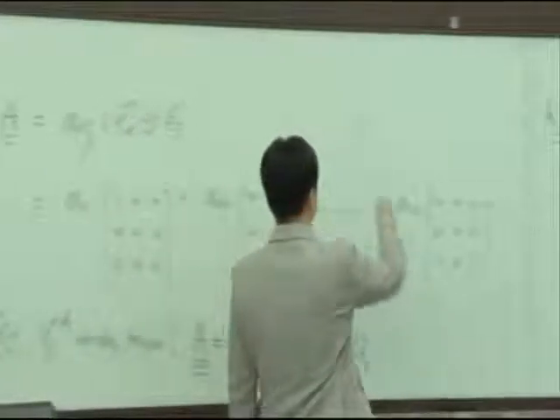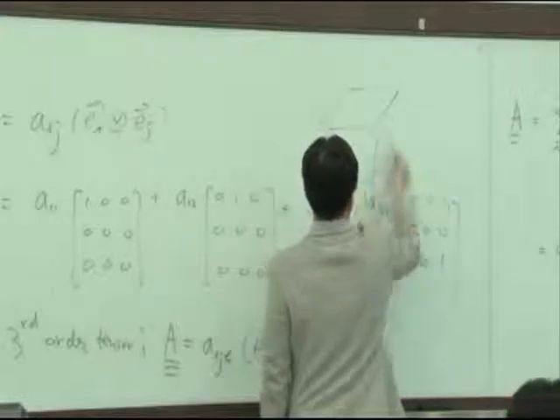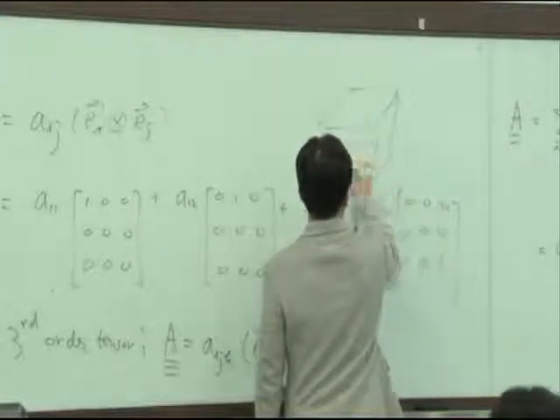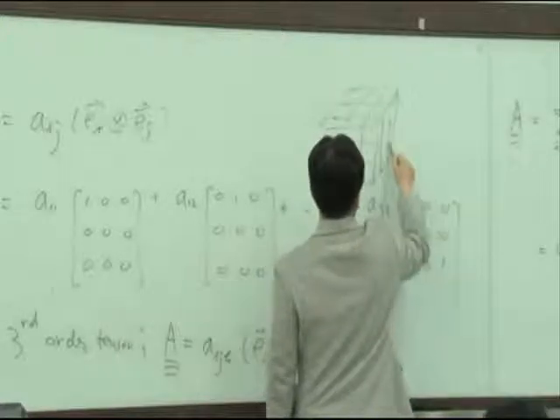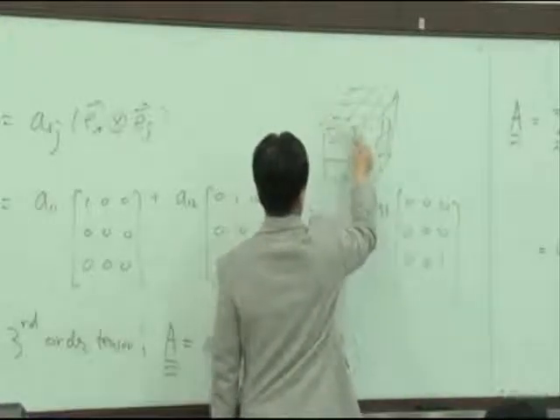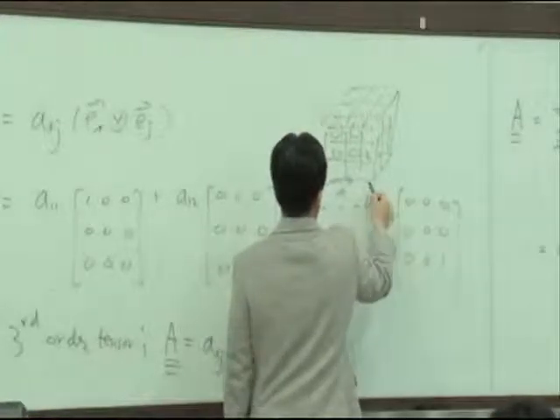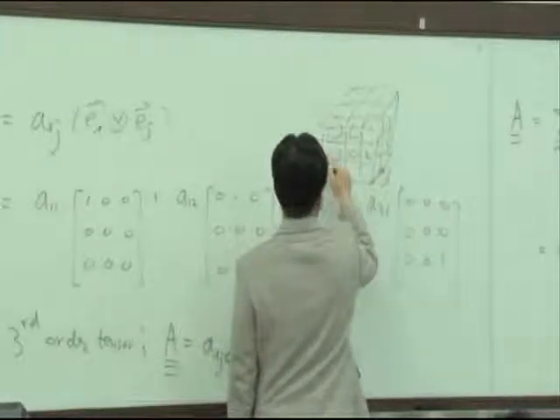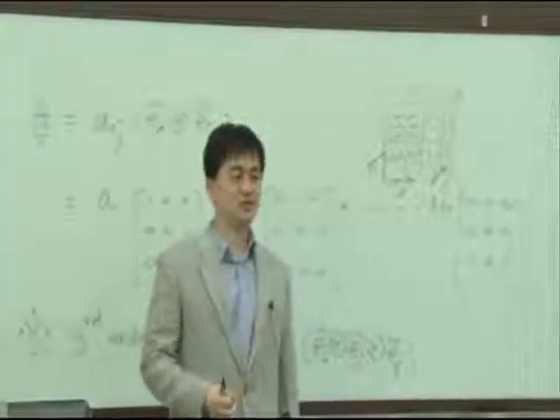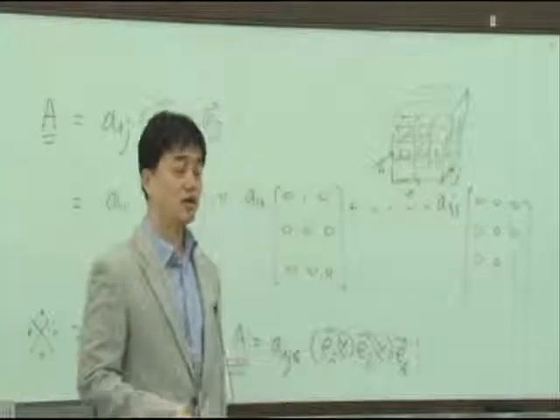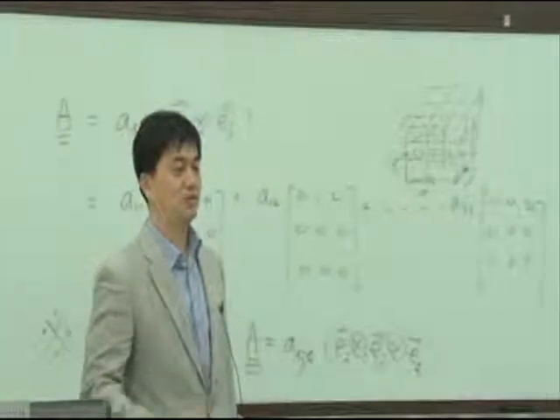We can make some room, something like that. And we can put a number here. And this is a I, maybe J, K, right? That's just graphical representation. And also we can define any order of tensor.